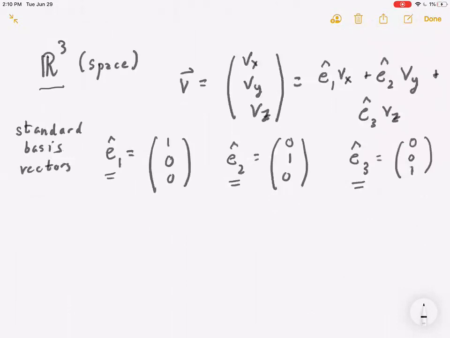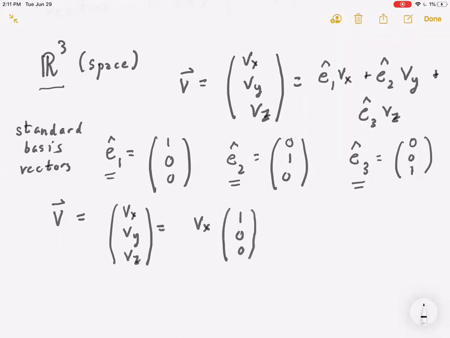So that means that you could write your vector v as a 3x1 matrix in column representation. And that's just v sub x times e sub 1 hat plus v sub y times e sub 2 hat.